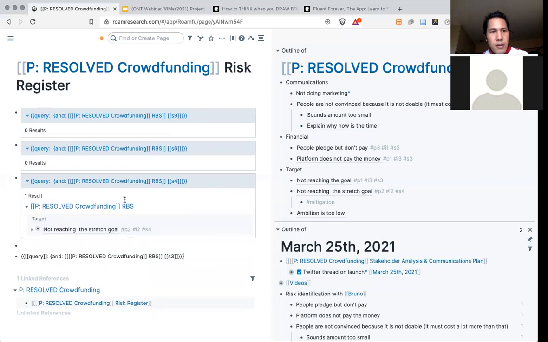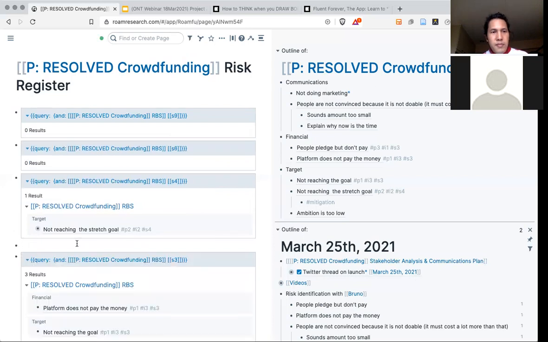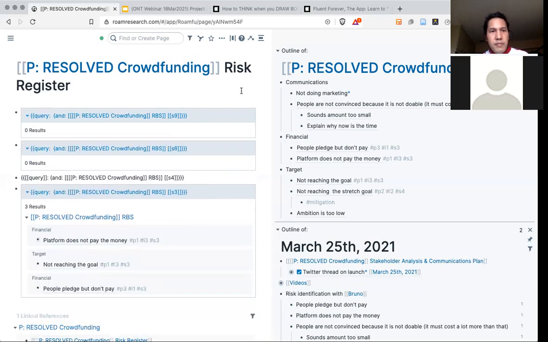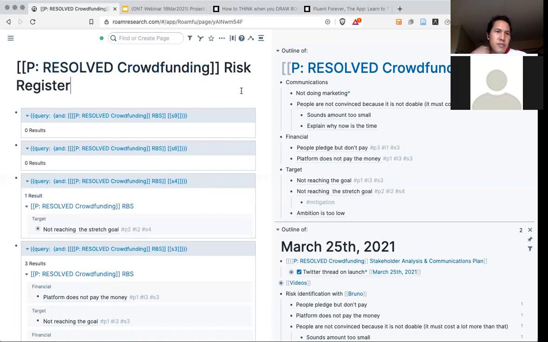It's not worth listing. Okay, so 2 and 2 of them are empty, but just to be sure that we are not missing one. If you are changing the values, the risk can move between the queries.